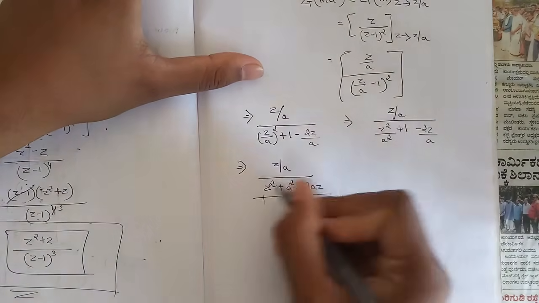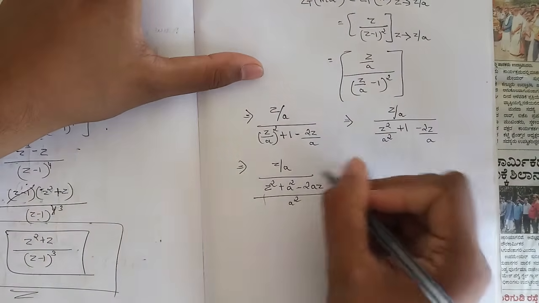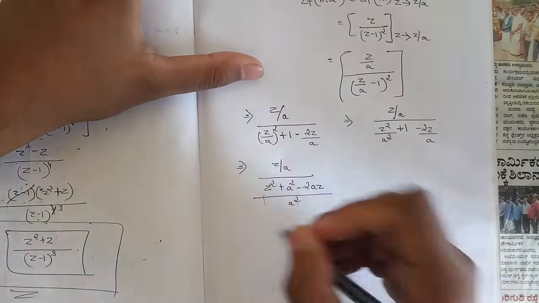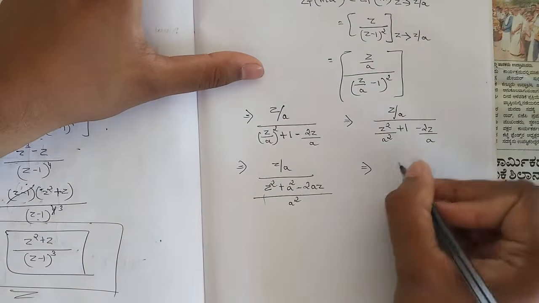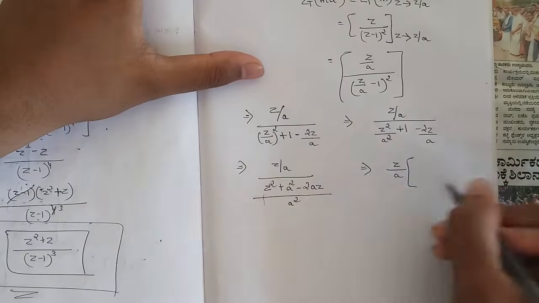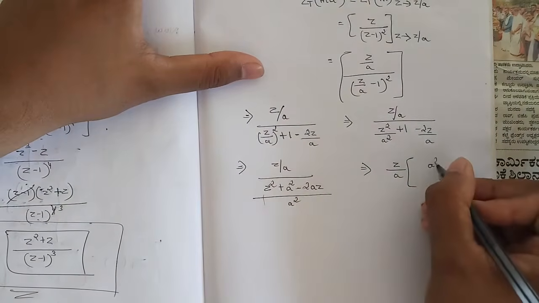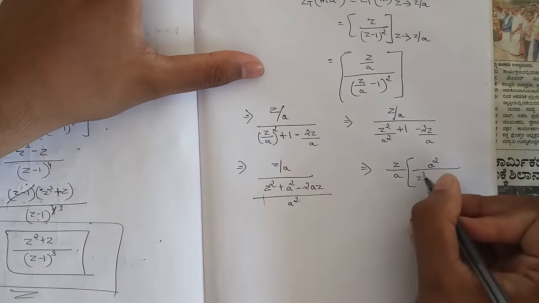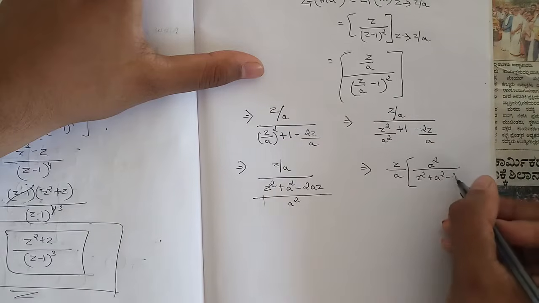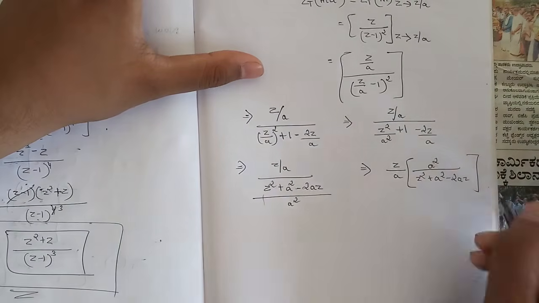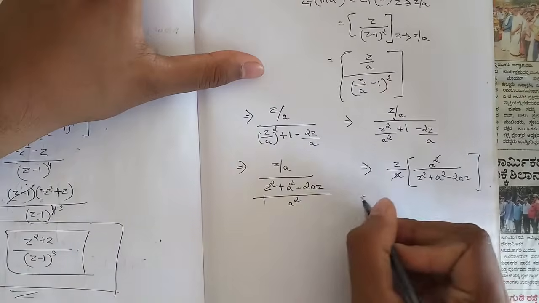Now bring this term to the numerator, that is we need to take the reciprocal of the denominator. A square becomes the numerator, z square plus a square minus 2az. So here we can cancel one a.